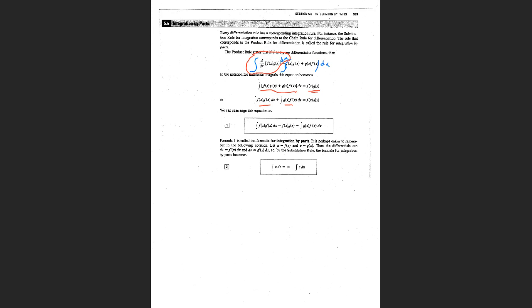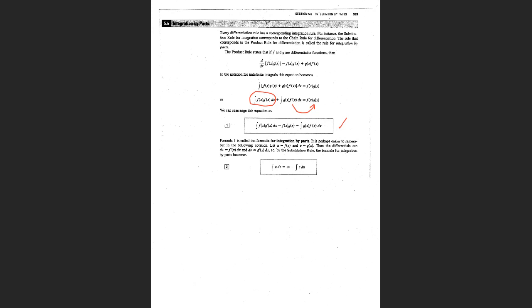And if we leave this first integral alone on the left-hand side, and then bring that second integral over to the right-hand side, we'll have the integral of f times g prime dx equals f times g minus the integral of g f prime.